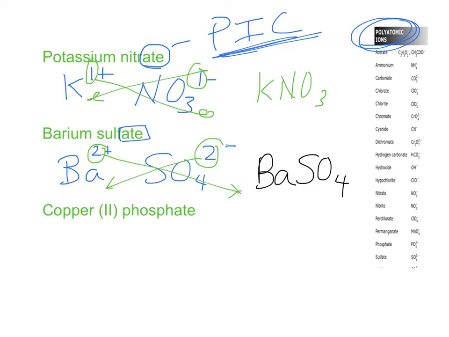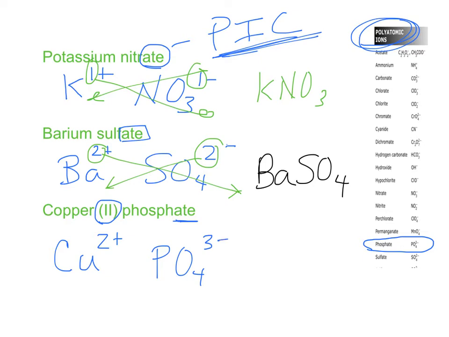Now, let's look here at copper. This is Cu, and this goes back to our transition metals. This is going to be a 2+. Then phosphate ends in ATE, so we come over here and find my phosphate. This is going to be PO4, and the charge on this is a 3-.